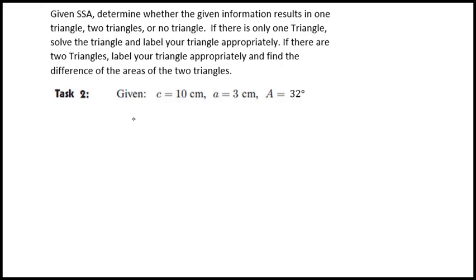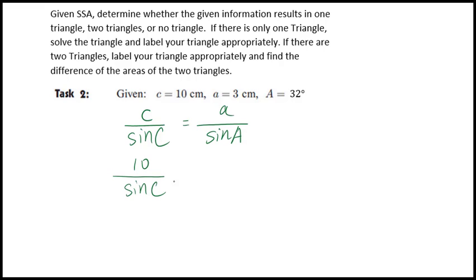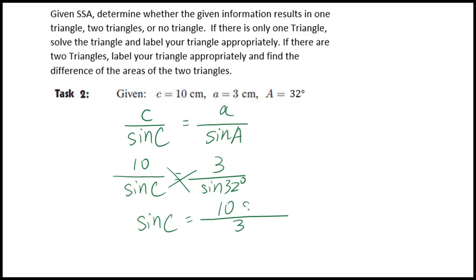First of all, we need to figure out angle C. 10 over sin C equals A will be 3 over sine 32 degree. Then for the sine C equals, same line go to denominator, that's 3 go to denominator, then 10 times sine 32 degree.